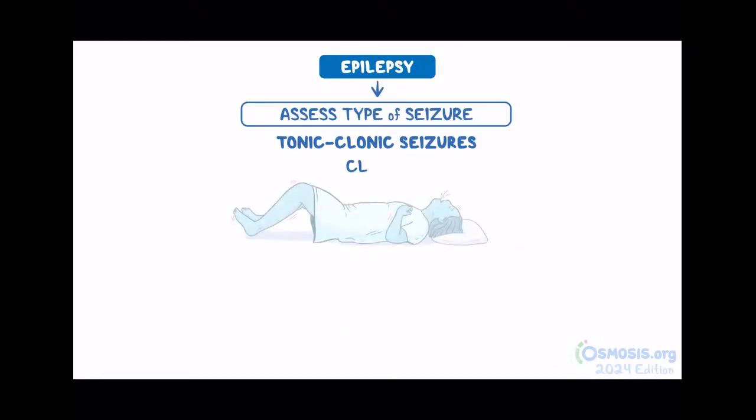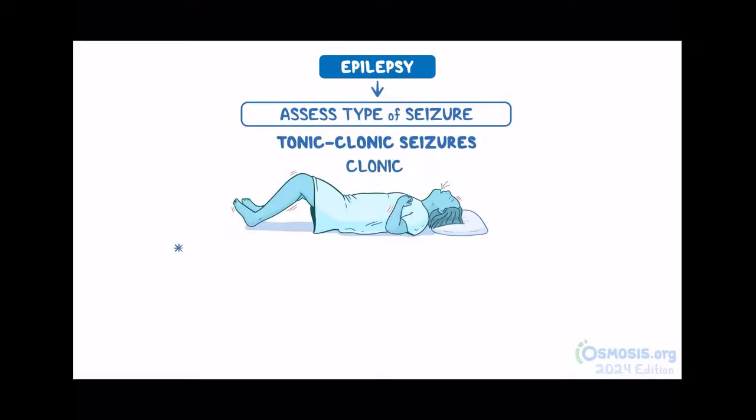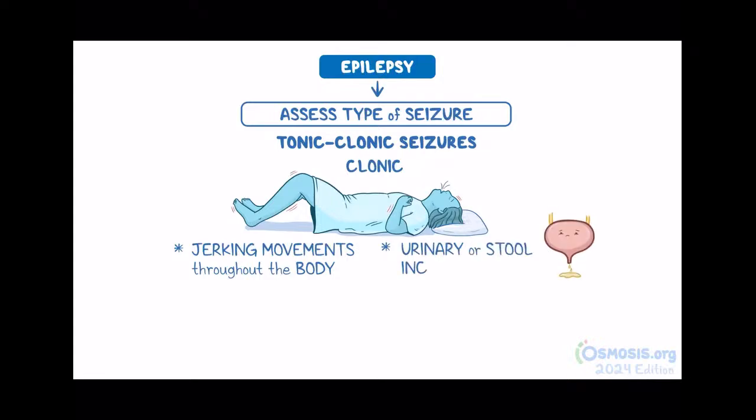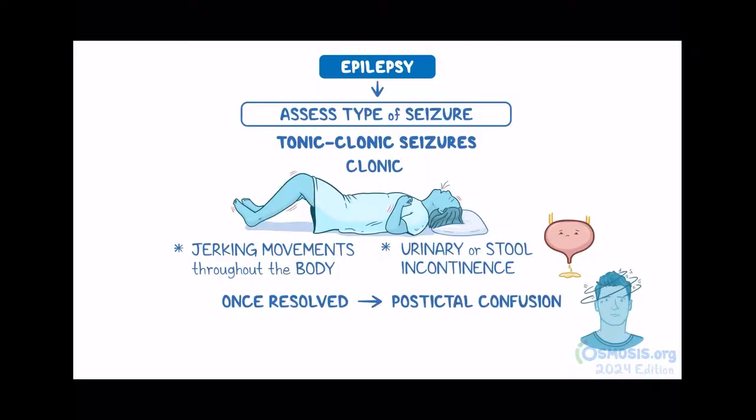The tonic phase is followed by the clonic phase, which is characterized by a period of jerking movements throughout the body. During this phase, the patient might experience urinary or stool incontinence. Once the seizure resolves, there is a period of confusion, also known as post-ictal confusion. With these findings, you can diagnose tonic-clonic seizures.